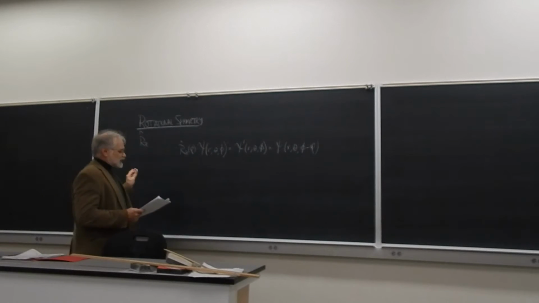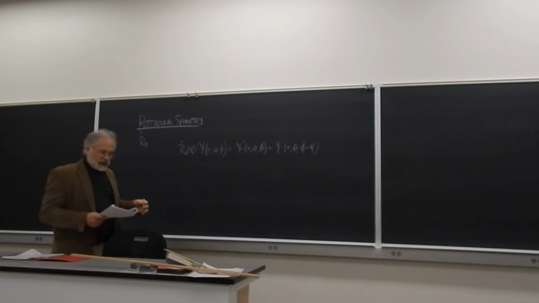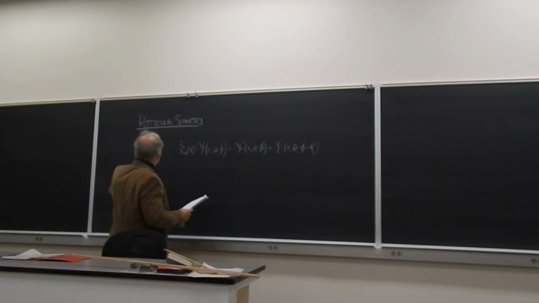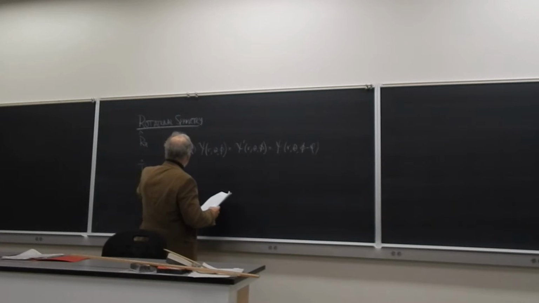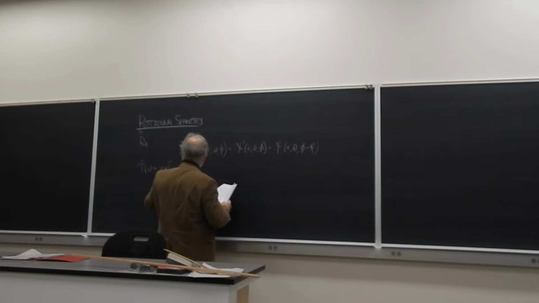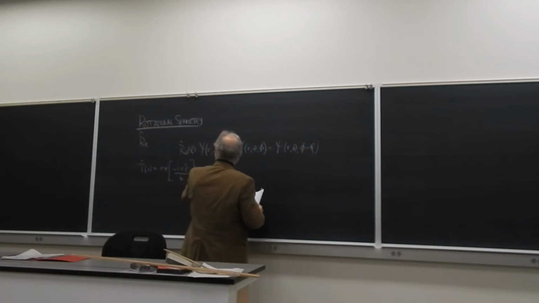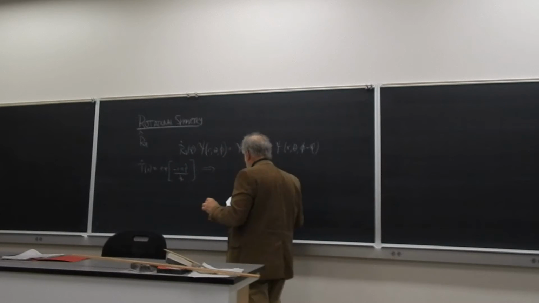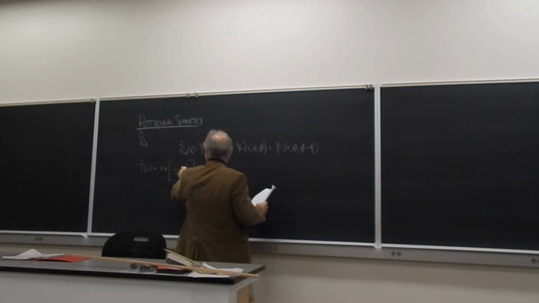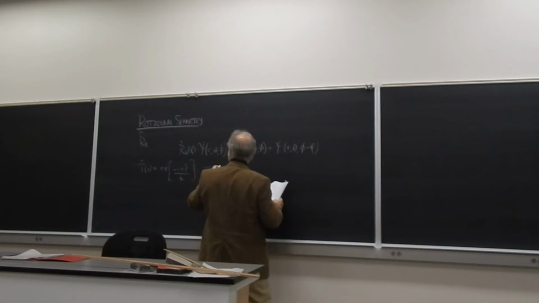By the same reasoning that we used for our time evolution operator, so remember the time evolution operator, T of a, we wrote as e to the minus i a p over h bar. We're going to do the same thing for the rotation operator, except of course instead of using linear momentum, we're going to use angular momentum.